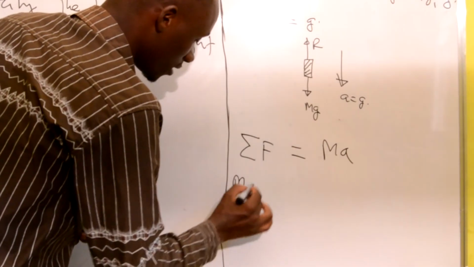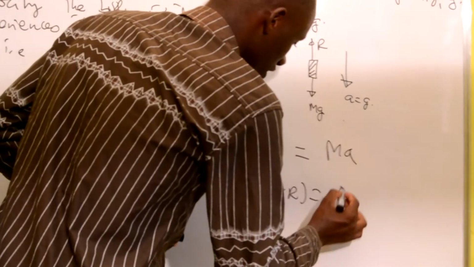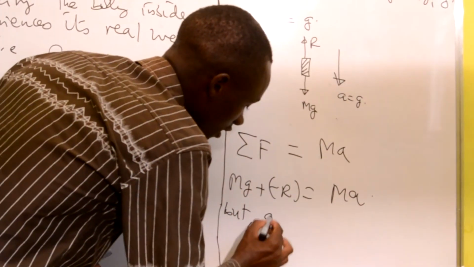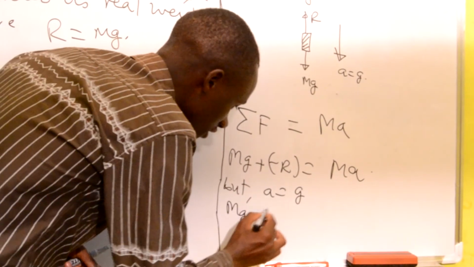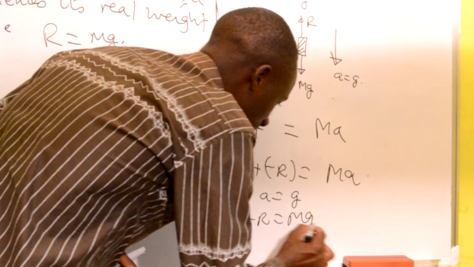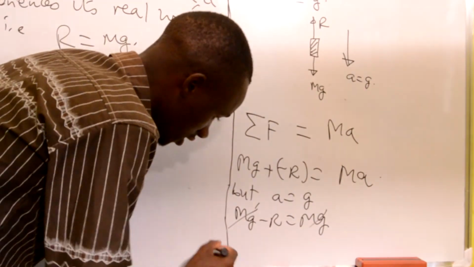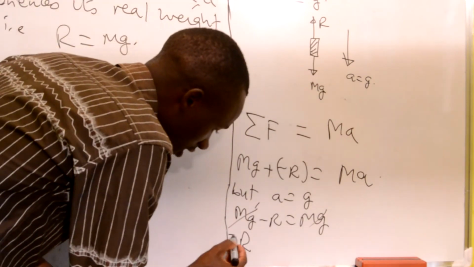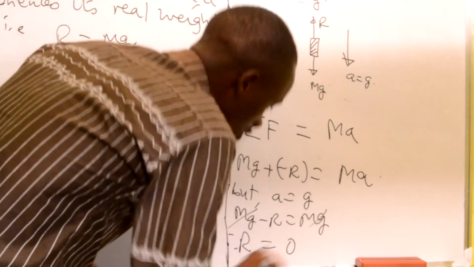So mg plus negative R equals mass times acceleration. But here acceleration is equal to g. So mg minus R equals mg. mg and mg will cancel out, and when we rearrange, the equation becomes apparent weight R equals 0.